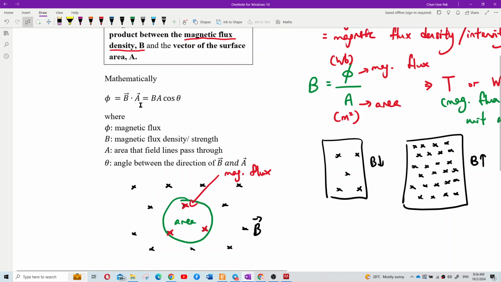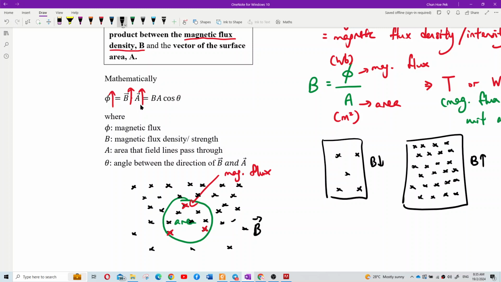If you want to increase the magnetic flux, it depends on the magnetic field and the area. If you have a strong magnetic field and a bigger area, then of course you have more magnetic flux. For example, if I have a stronger magnetic field, that means the density is higher, so there is more flux in the area.